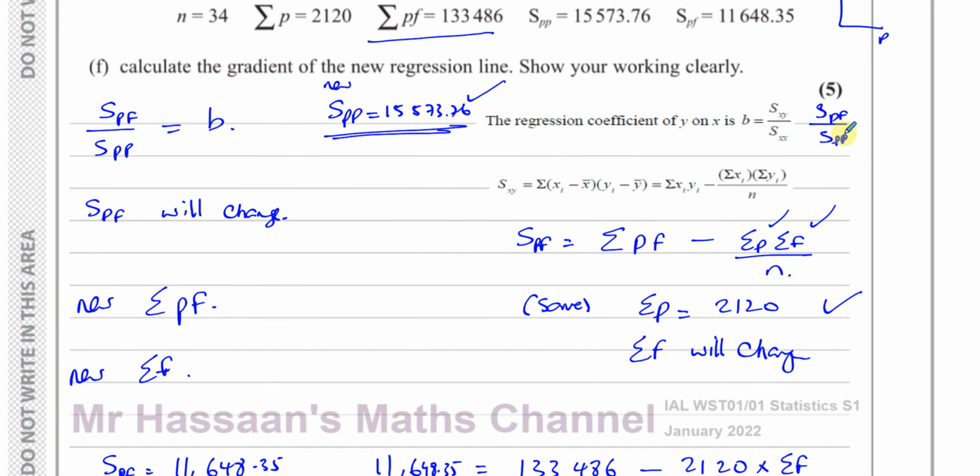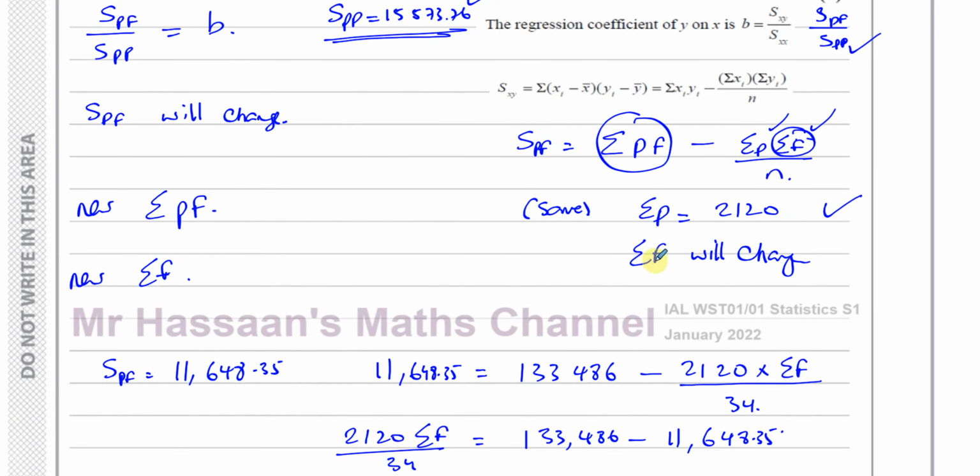The pre-score is correct, so SPP was fine. What we have to find is SPF. To find SPF, we have to use this formula, right? And in this formula, this has changed, and this has changed. So we had to find the new values of these two. Some of the pre-scores were still the same. So we found the values of these two.